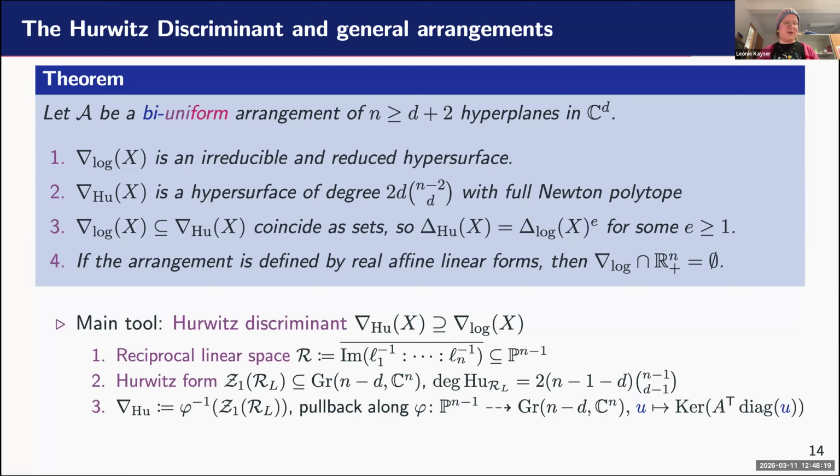But there is an annoying technicality that does not let us derive this so quickly. You have to go a bit into the weeds, because the logarithmic discriminant is a closure of something, and so the boundary may introduce something in the positive orthant, you have to show that this does not happen. Though I personally believe that the fourth statement does not at all depend on the uniformity and should hold for all arrangements.